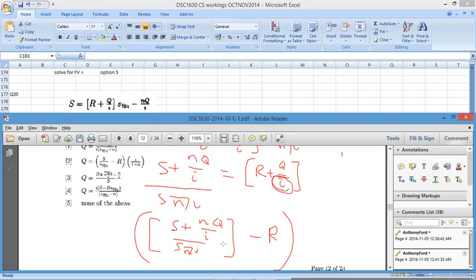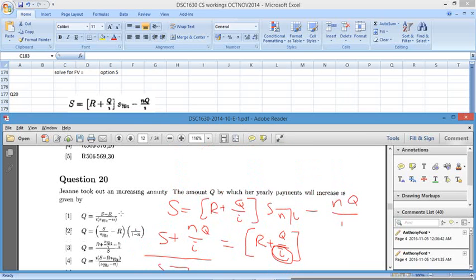Okay, all of that needs to be multiplied by T. So looking at that, let's see which option looks correct.